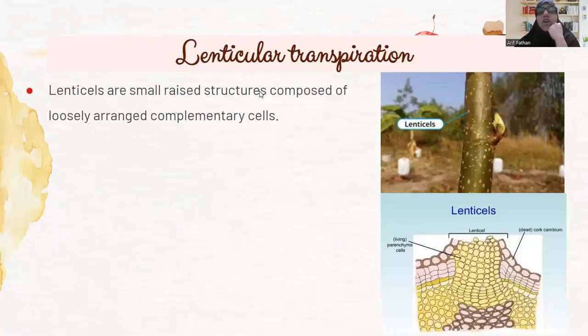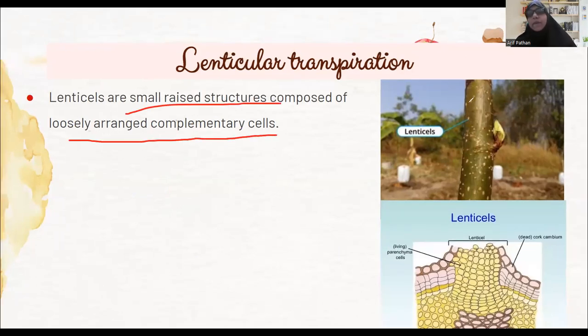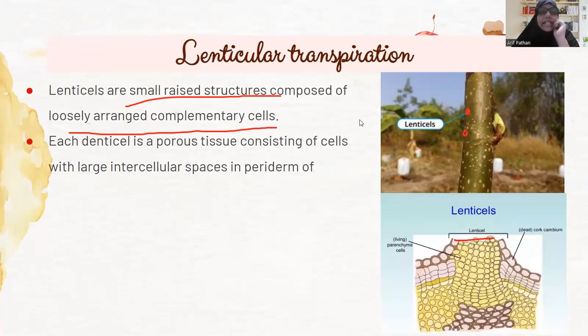These are small raised structures composed of loosely arranged complementary cells. As you can see over here in this plant, small raised structures, kind of pores or openings. Porous tissue.